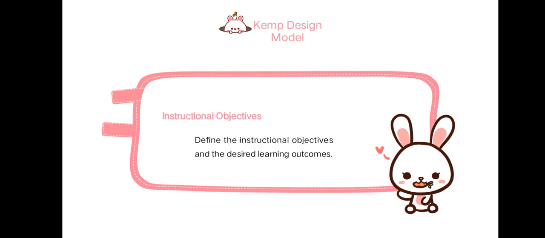Next is the instructional objectives. In instructional objectives, define the instructional objectives and desired learning outcomes. Instructional objectives are the statements that describe what students should be able to do or know. It is also defined as desired learning outcomes. Why? Because this is what the teachers aim to achieve.